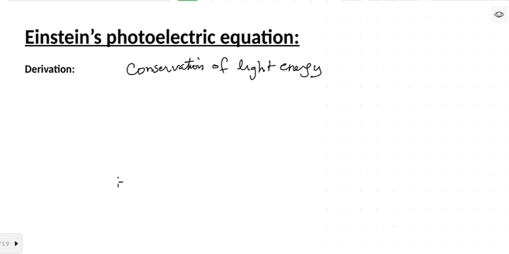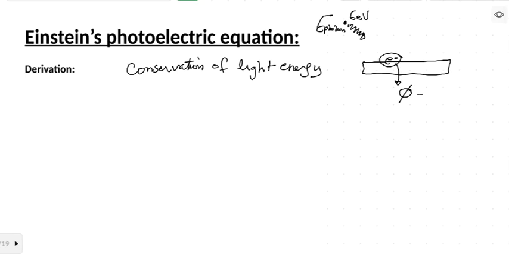In the experiment, just to make things easier, this is the light, the photon, which comes from here. Imagine it has 6 electron volt energy. This is the energy of the used photon. And the electron which is on the surface of the metal has a work function of 4 electron volt.